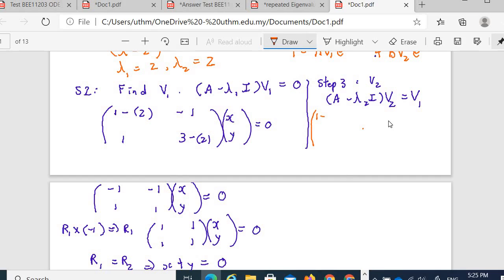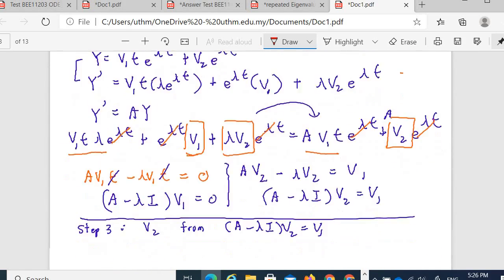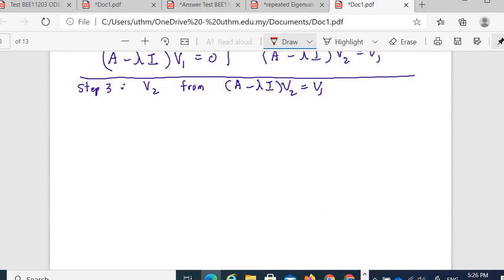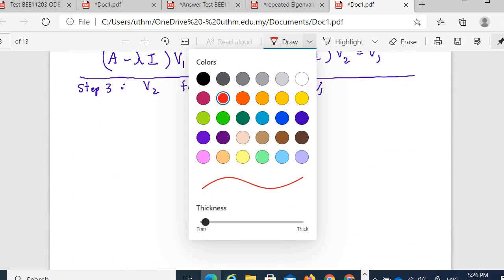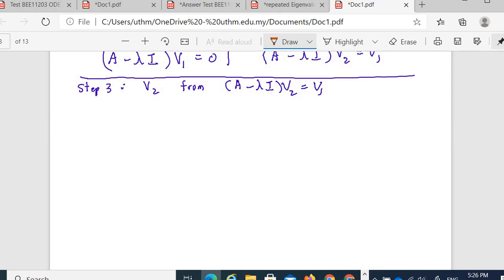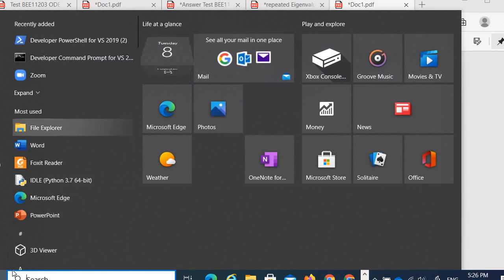Having problem. Suddenly I couldn't write, because it came back to the Word, but Word also having problem.